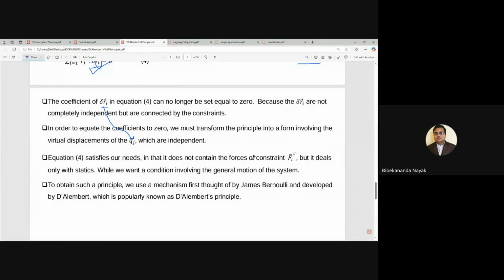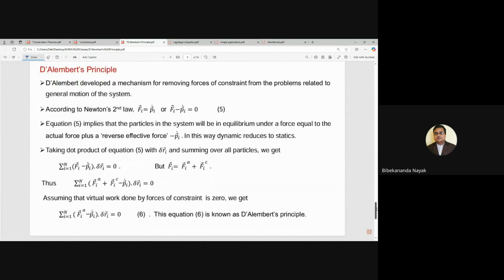Second thing, for a dynamic system D'Alembert used Newton's second law. D'Alembert developed a mechanism for removing forces of constraint from problems related to general motion of the system. According to Newton's second law, Fi is equal to Pi dot, so Fi minus Pi dot is equal to 0.